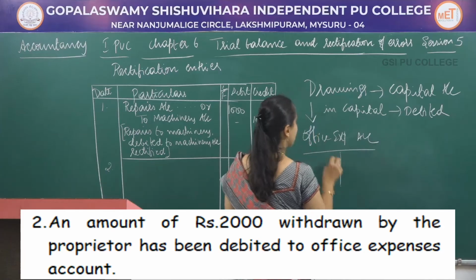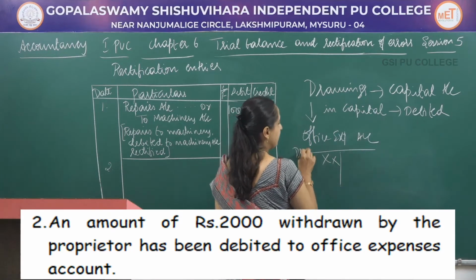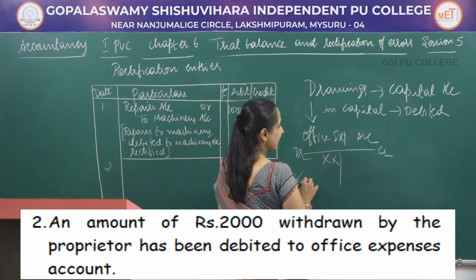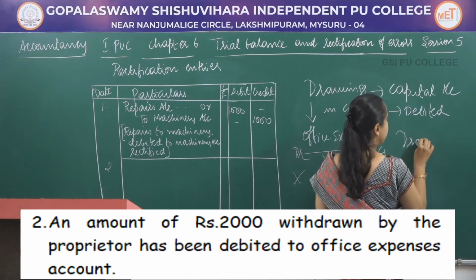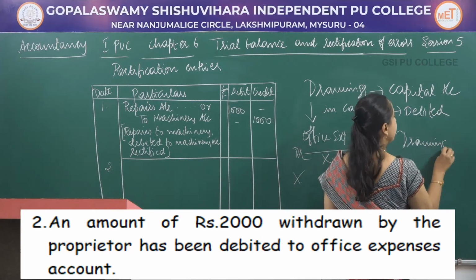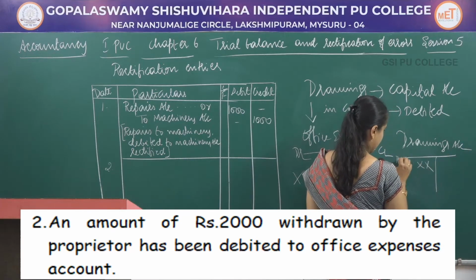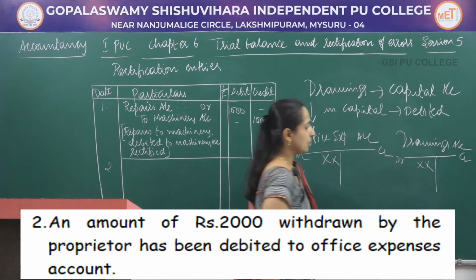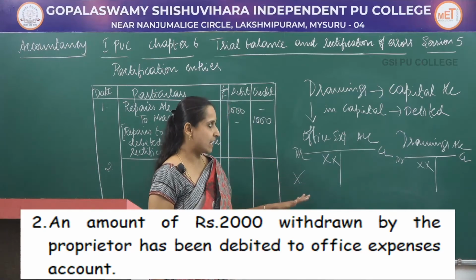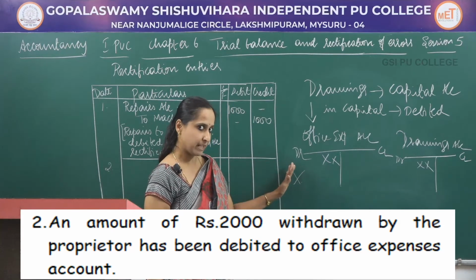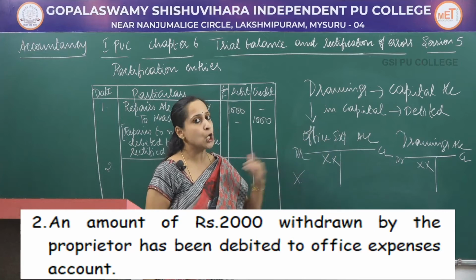They have written it on the debit side of office expenses account. So this is wrong. Instead, they should have debited drawings account. So they have made a mistake by debiting office expense account. They had to debit drawings account.